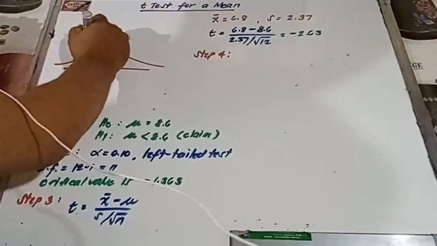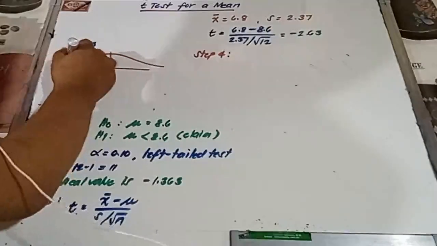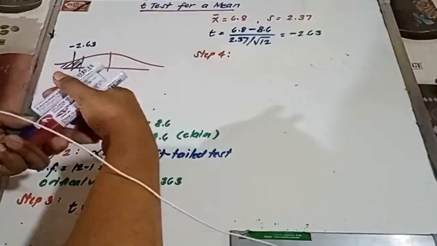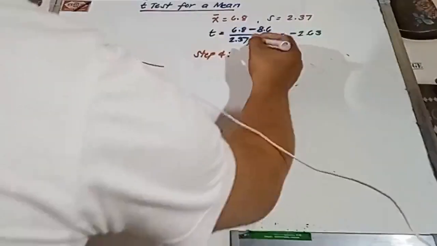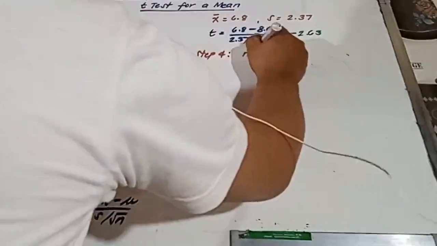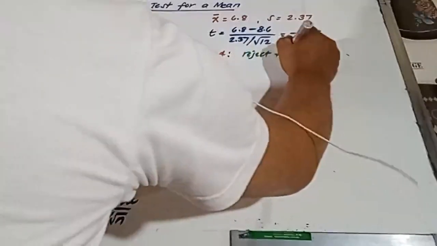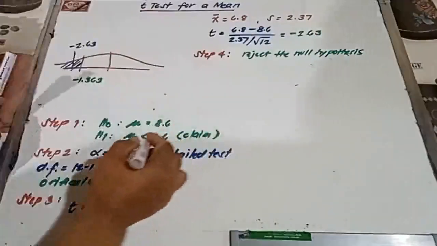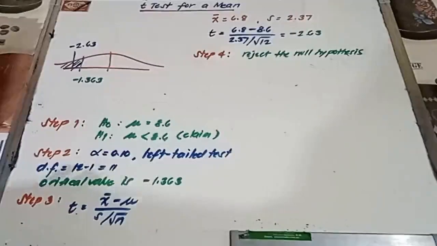Negative 2.63. So, siya ay nasa rejection region. So, our decision is reject the null hypothesis. Ibig sabihin, kayang ma-reduce. Okay? Kayang ma-reduce yung aspirin intake nitong mga nag-undergo ng yoga practice.